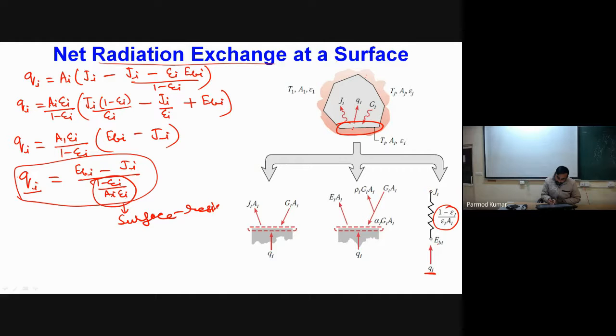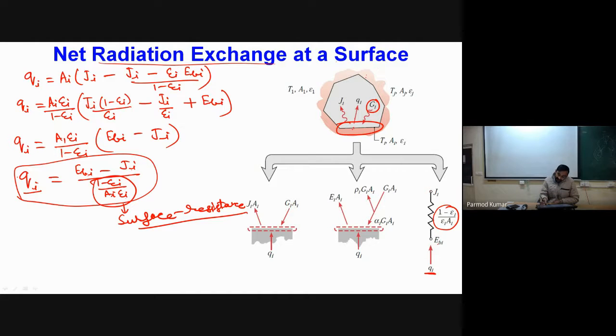Okay, so this we call as surface resistance, because till now we are not concerned about what our geometrical parameters are, say what our view factor is. We are only considering that, okay, single parameter GI is known to us at the moment. Okay, so we are not concerned how this GI is calculated with the help of view factors, etc. That we will be studying while we will be talking about radiation exchange between the surfaces.